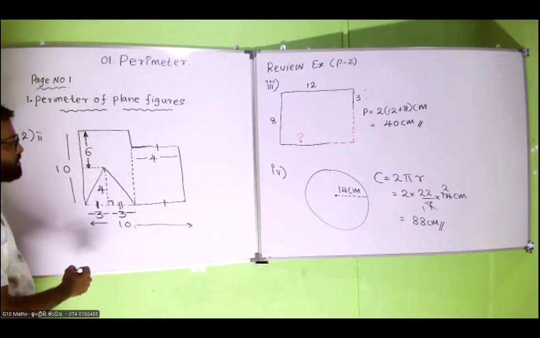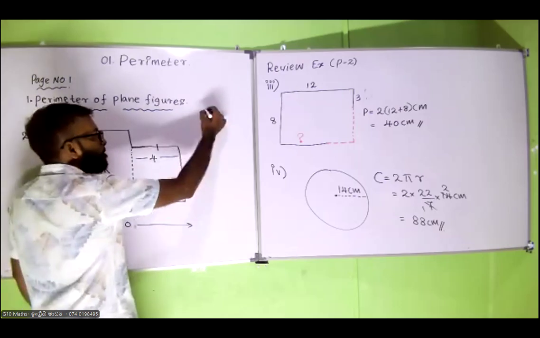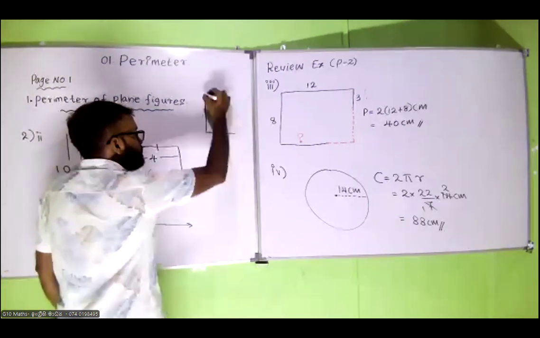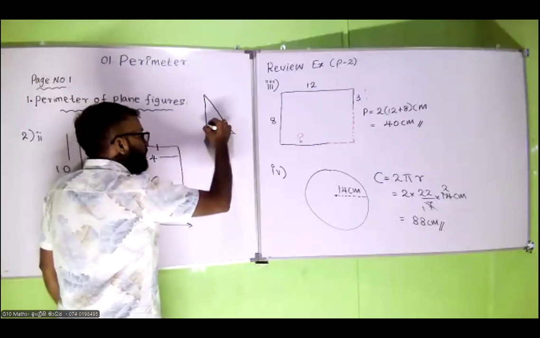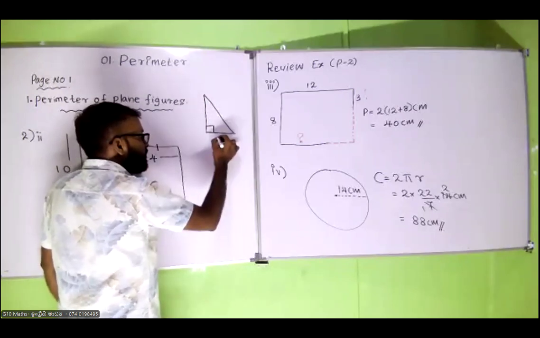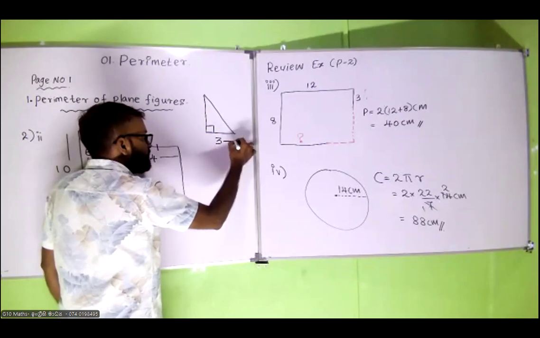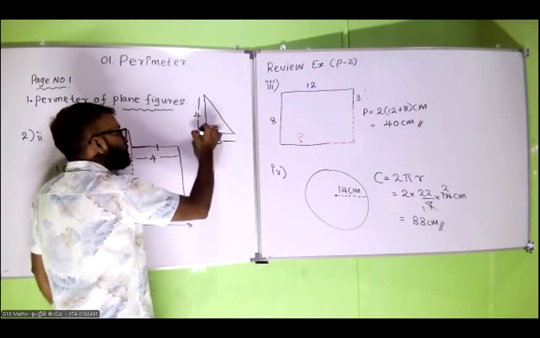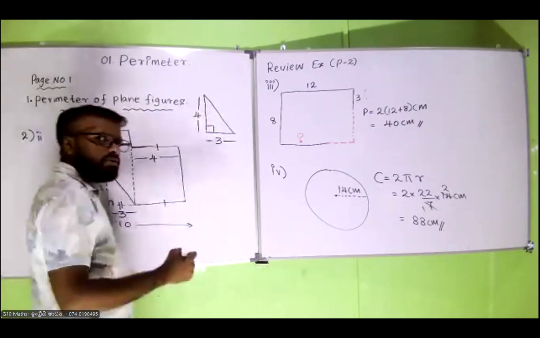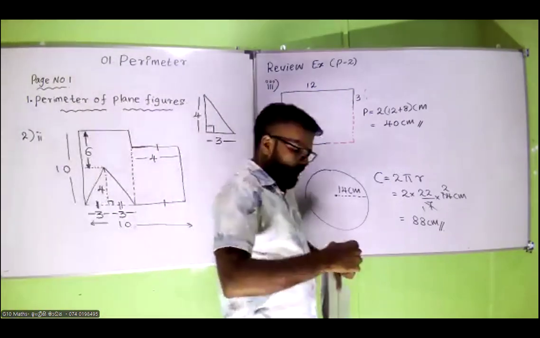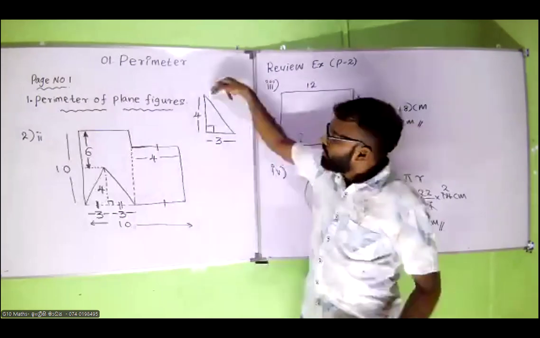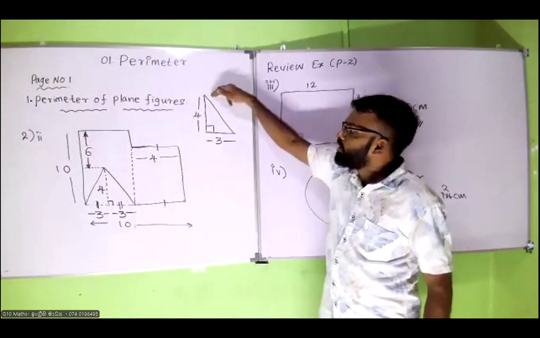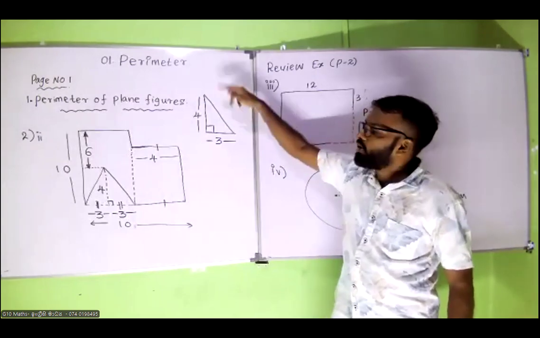Now here you have a right angle triangle. This length is 3 centimeters, where this length is 4 centimeters. What is this length called?